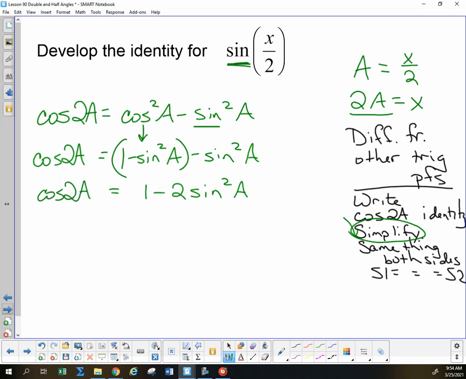Didn't change anything. Okay, now I'm going to try to get sine by itself. So if I get rid of the 1, I subtract the 1 on the right, and I have to do the same thing to the left, so I have cosine 2a minus 1 equals minus 2 sine squared a. And then I'm going to divide both sides by negative 2.